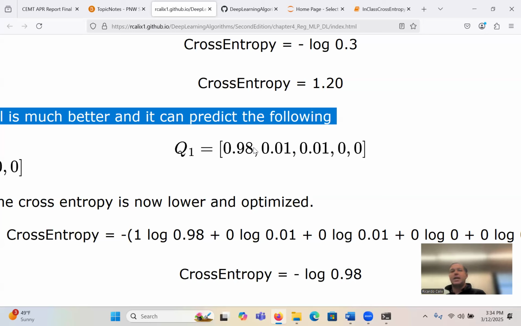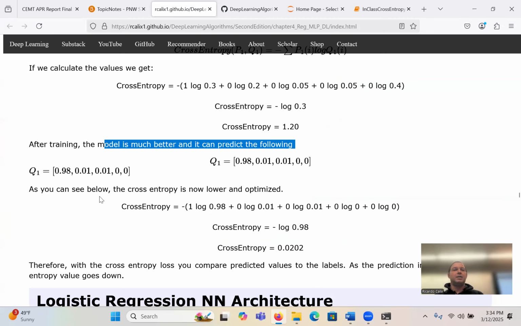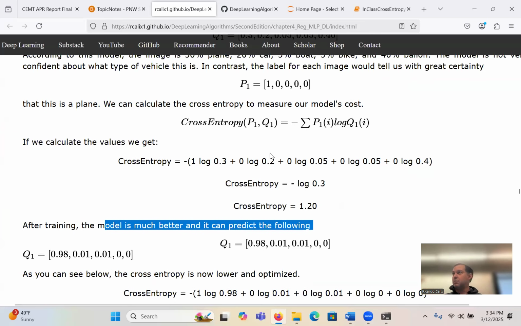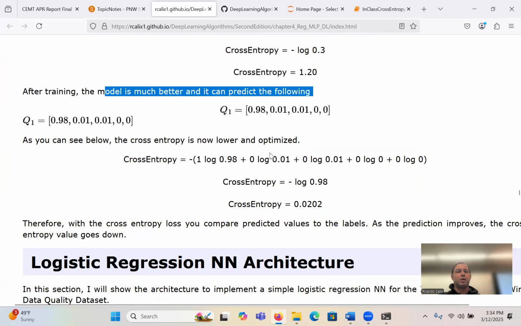You see that? And it has a probability of 0.01 that it is a car, 0.01 that it's a bike, I think, and so on. Do you see that? Obviously this is a much better model. Given the label as before, we can use this Q1 to recompute cross entropy.